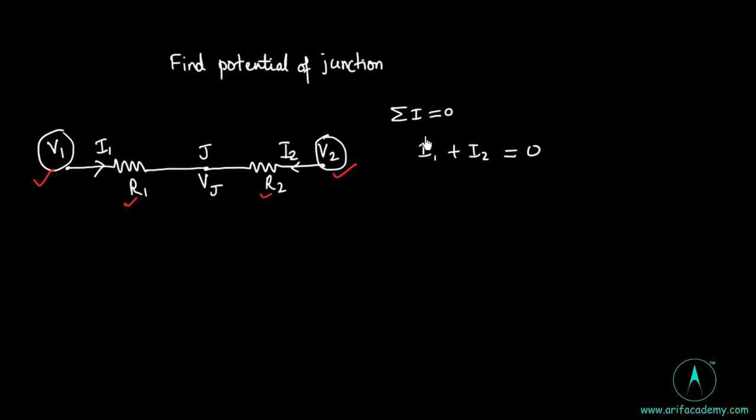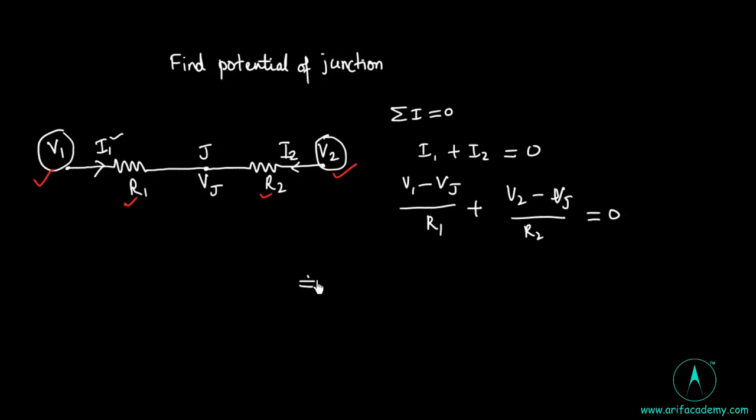From KCL, Kirchhoff's current law, the total current at the junction is 0. So to find I1, we have (V1 minus Vj) upon R1, plus for I2 it is (V2 minus Vj) upon R2, and that's equal to 0.